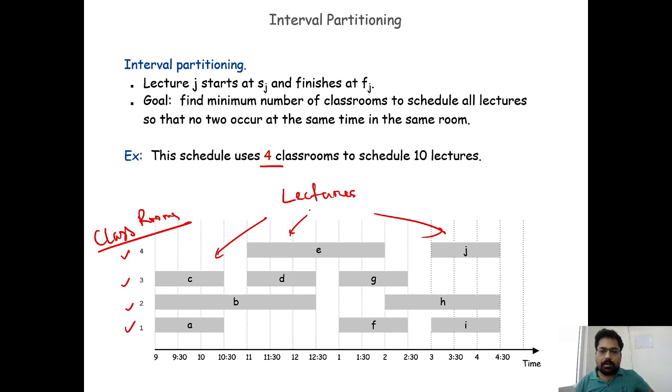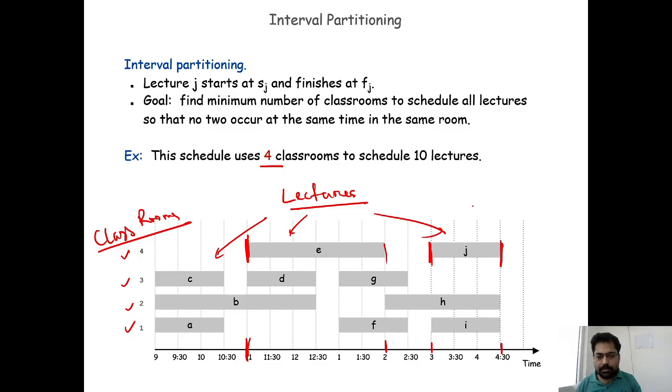As per these 4 classrooms, we scheduled 10 lectures. You can see C, B, A, and E, D. These are non-overlapping in the case of classrooms. For this classroom, it will start around 11 a.m. and end after 2 p.m. And the next job starts at 3 p.m., and the next is 4:30 p.m.